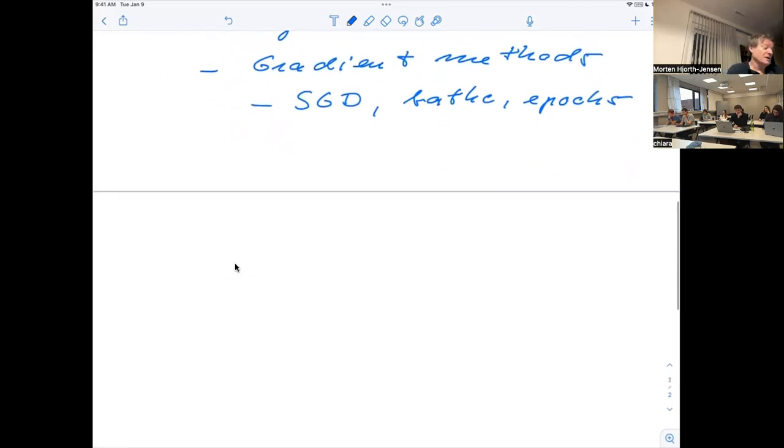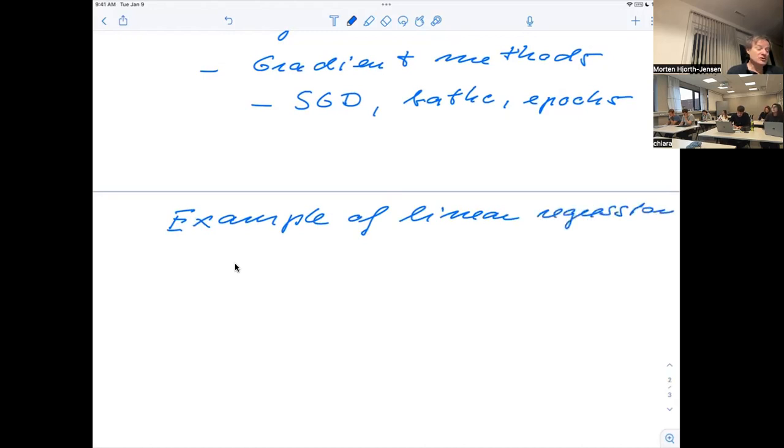So let us look at an example with linear regression, where we assume that there is a linear dependence on the unknown parameters. It doesn't need to be linear regression only. It could also be a classification problem. And then we ended up with what we call logistic regression, as we discussed before the break.